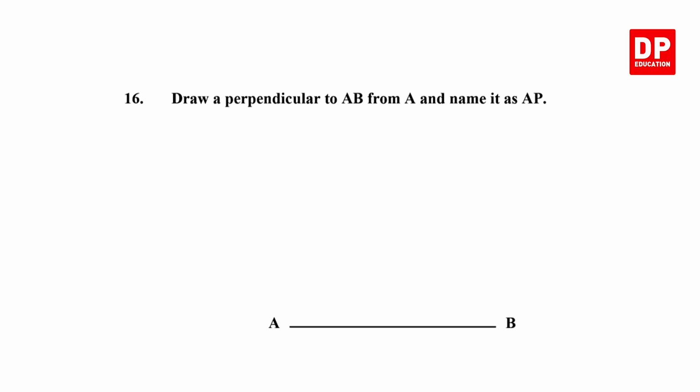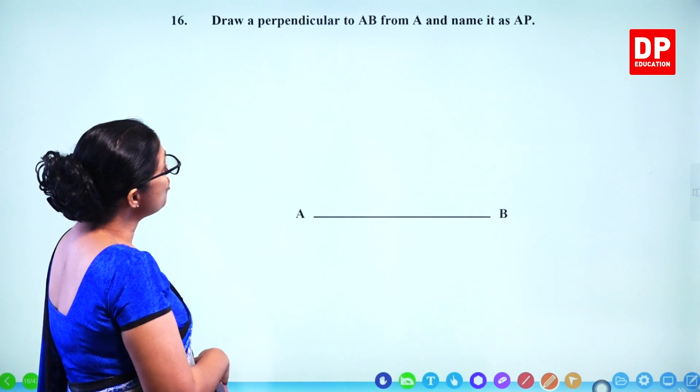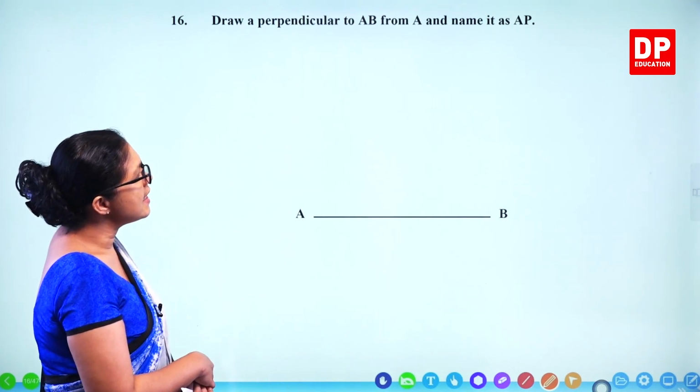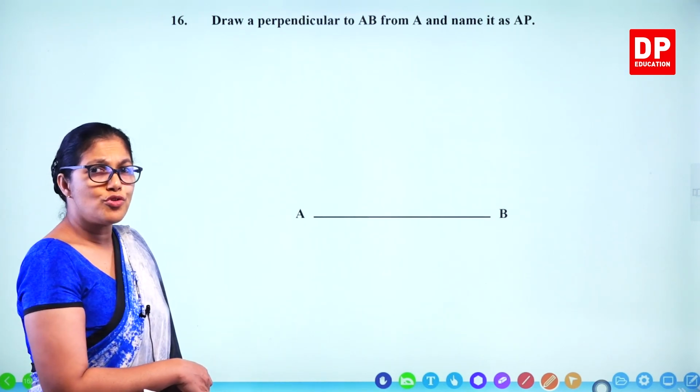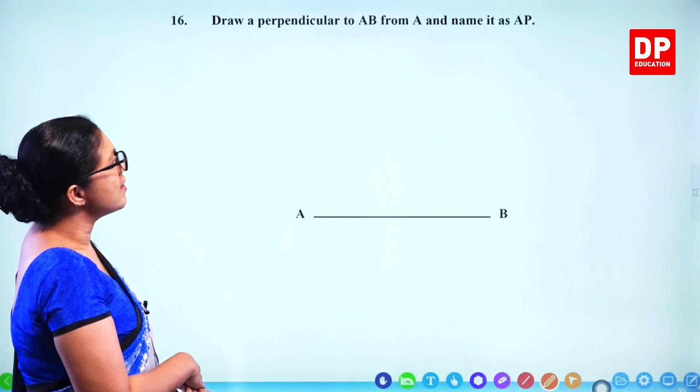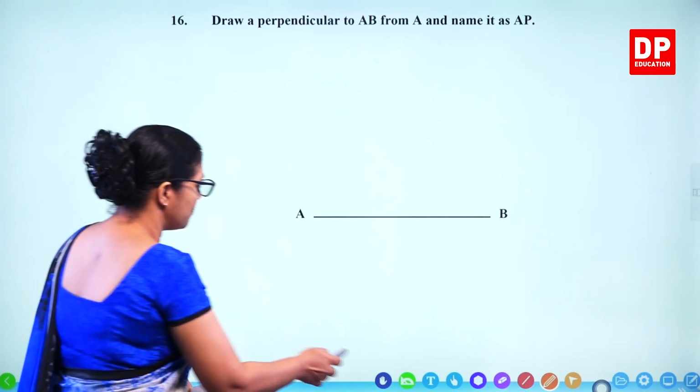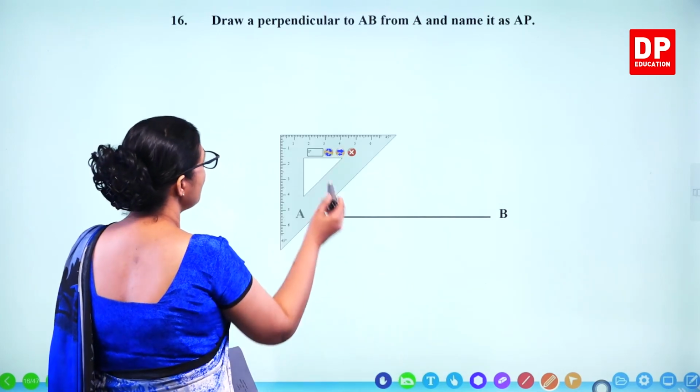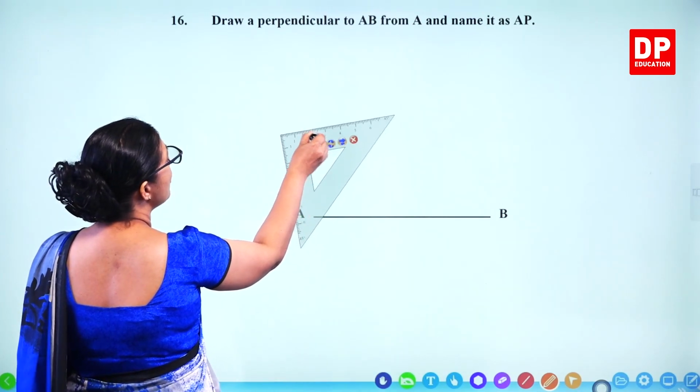Question number 16. Draw a perpendicular to AB from A and name it as AP. Draw means you don't need the compass to construct. So you can use a set square. How do you draw a perpendicular line?